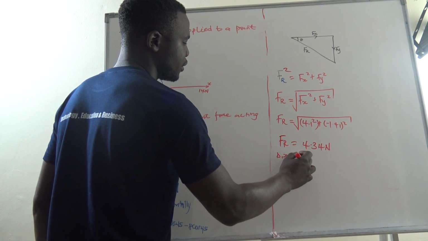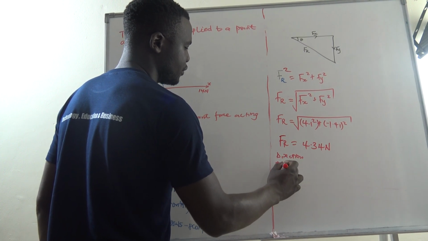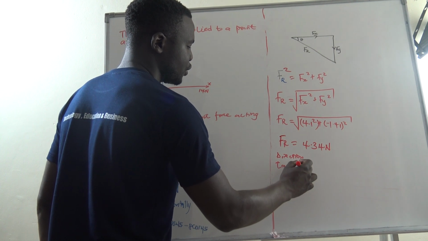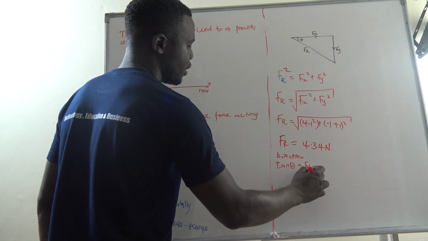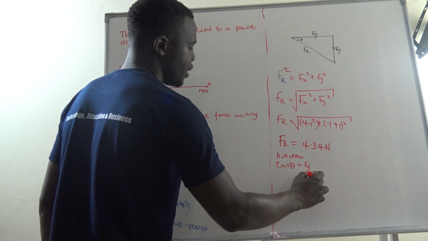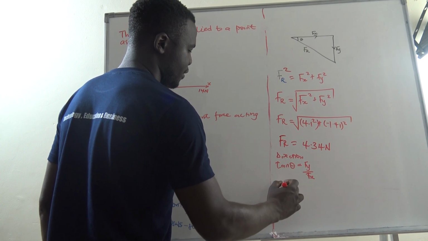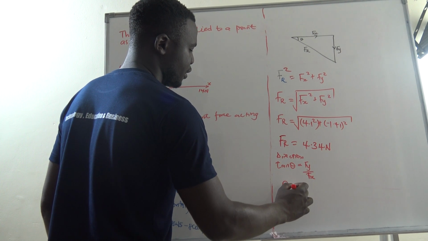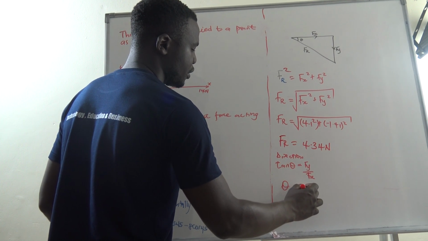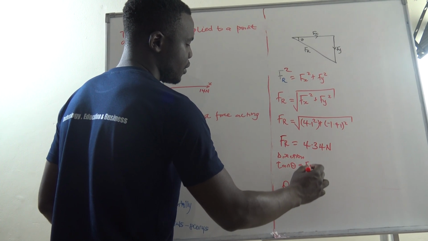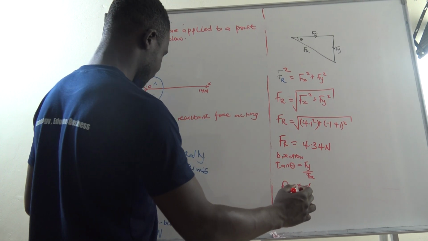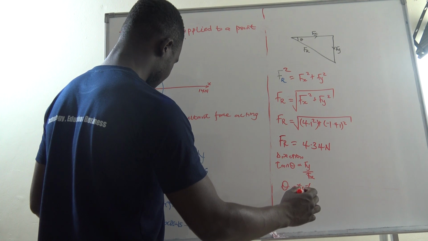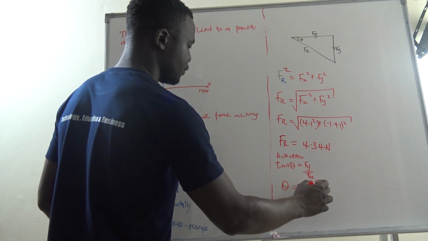So tan theta is equal to Fy out of Fx. Therefore, theta is equal to the tan inverse of Fy over Fx. Fy was given as negative 1.41.